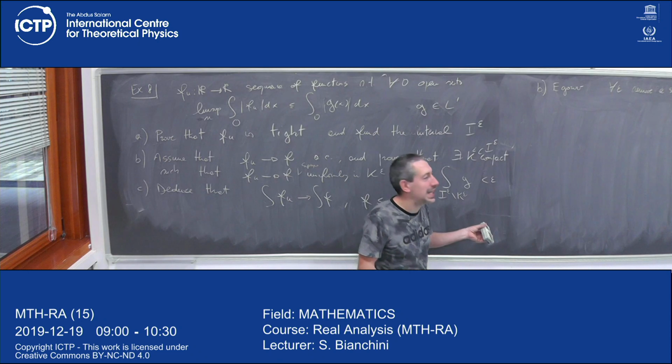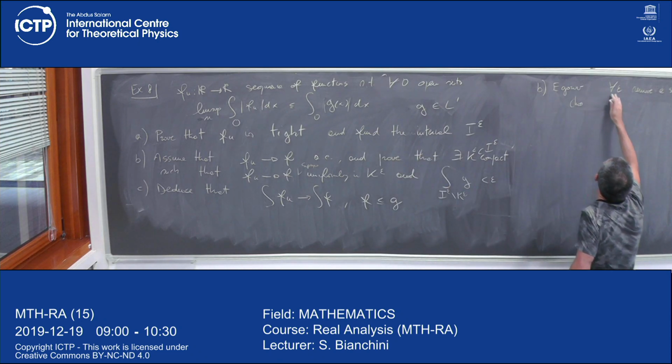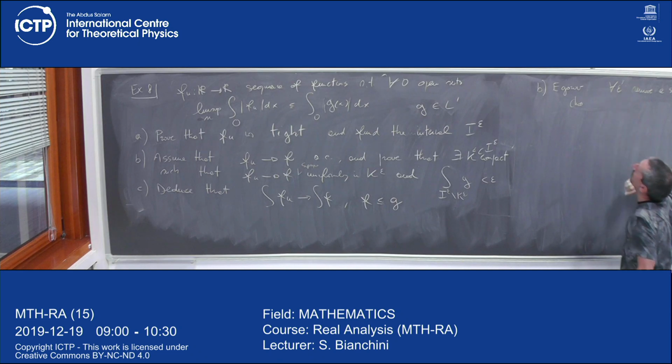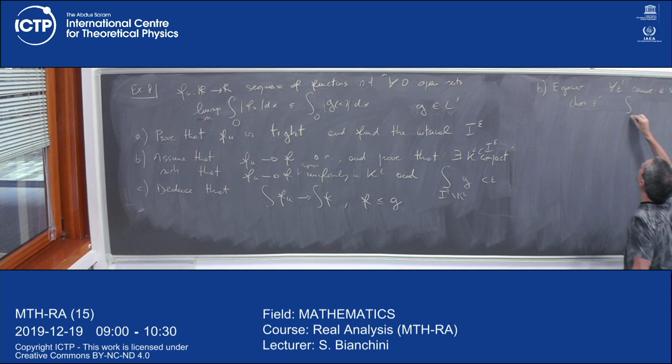So I can decide, so I apply here with some epsilon prime, and I choose epsilon prime so that the integral over, let's say, I epsilon, k epsilon epsilon prime, the one that I choose here, of G is less than epsilon. It's the only thing. It's not requiring anything else.